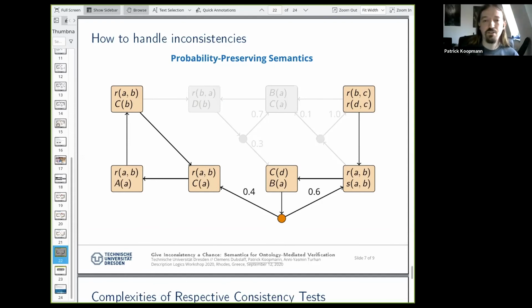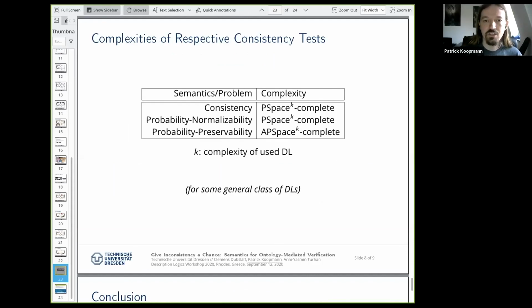And a third option, if the probabilities are considered fixed and should not be normalized, is the probability preserving semantics. So we looked at these 3 types of semantics and considered the problem of determining whether a program is consistent with respect to the semantics, and analyzed the complexity for a general class of DLs.